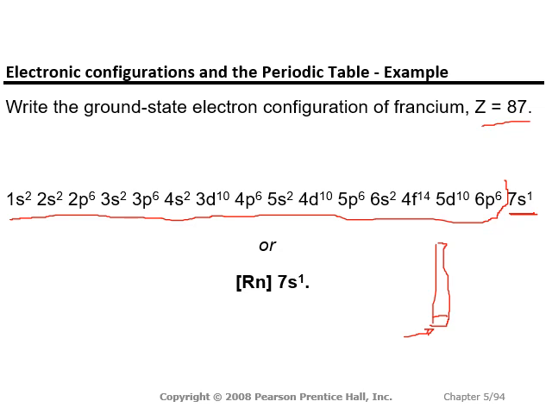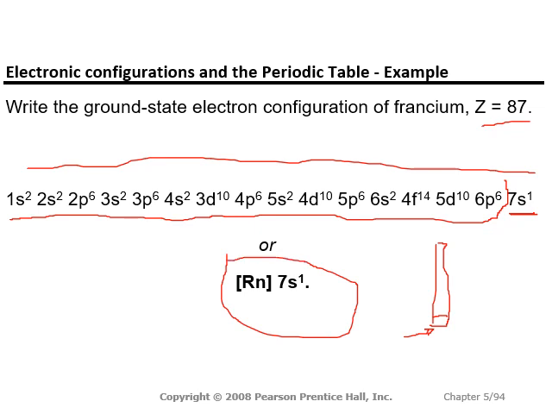You can write it this way and it's perfectly legitimate, but it just takes a long time. So there's a shortcut where you don't have to do all of this. You can just write radon in brackets and then write 7s1. Just write that last part, because when you write radon in brackets, what you're saying is that it has the same configuration as radon plus the 7s1, where radon would be on the other side of the chart in the previous row.